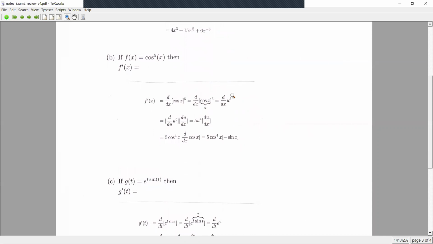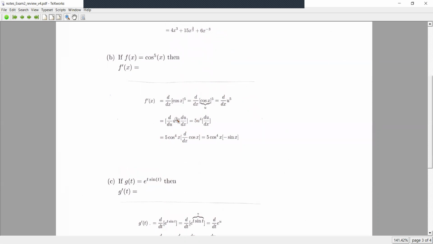To compute this derivative, I apply the chain rule. I write this derivative as the product of these two derivatives. If I cancel du, then the product is this derivative.